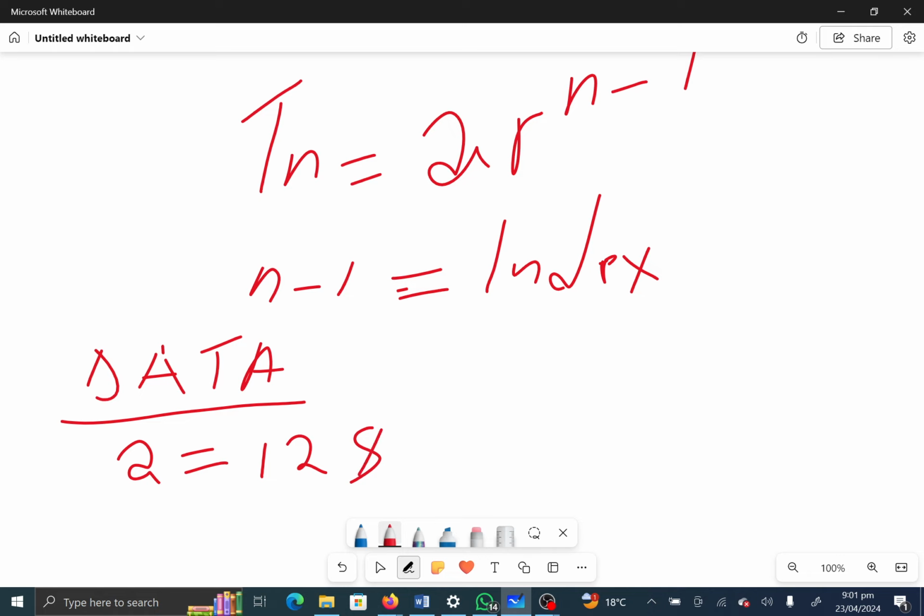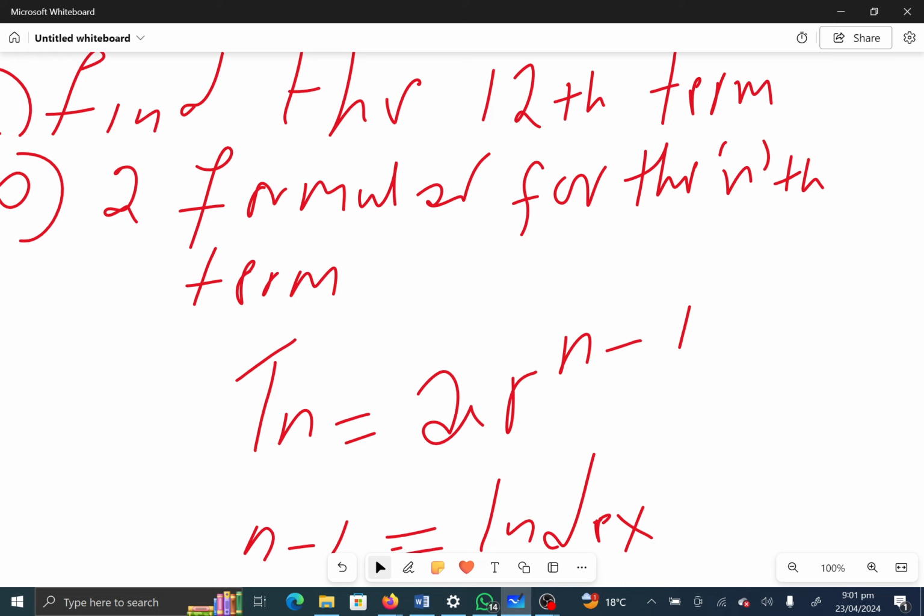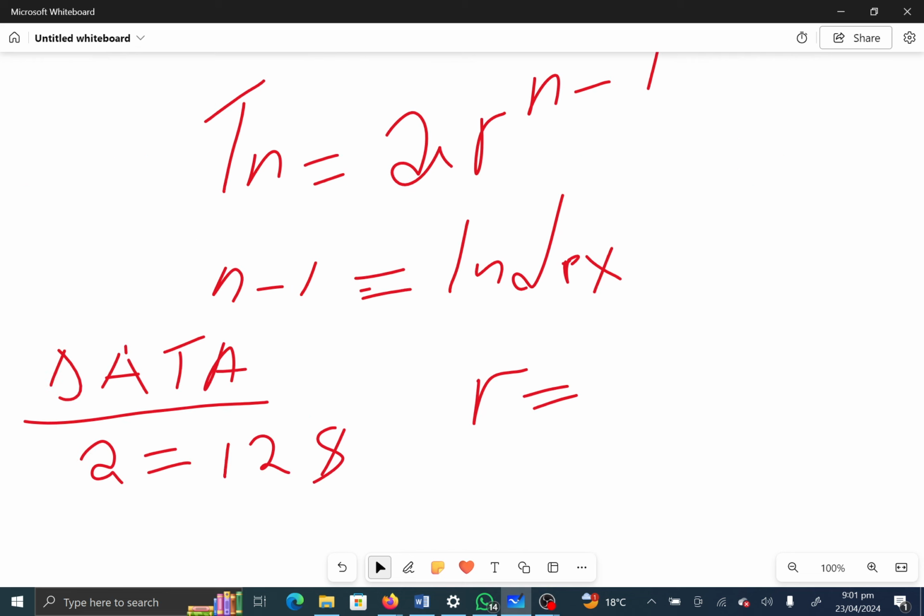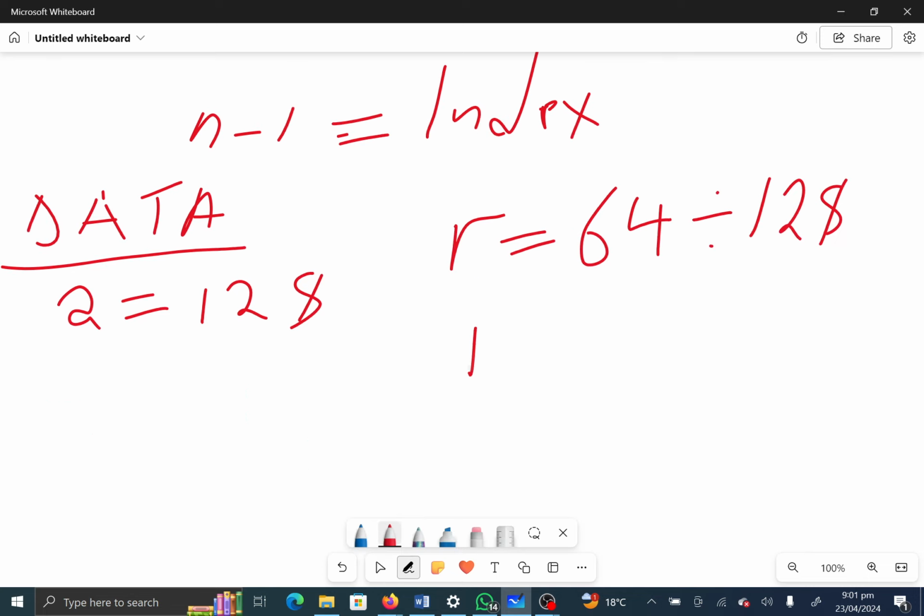We need to find our common ratio. Our common ratio will be 64 divided by 128.